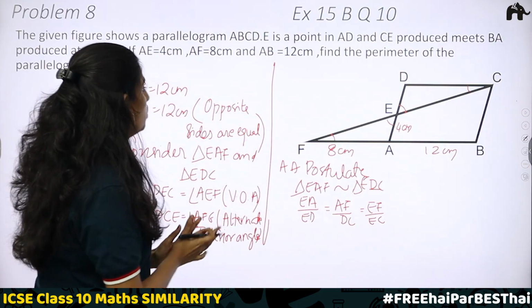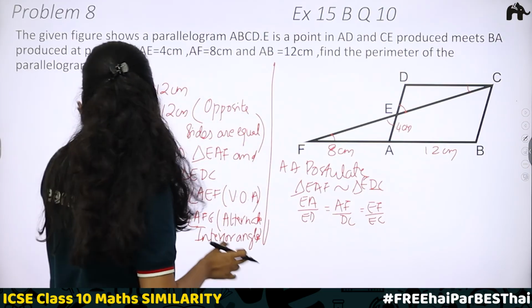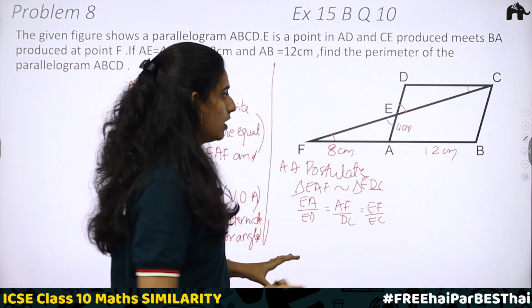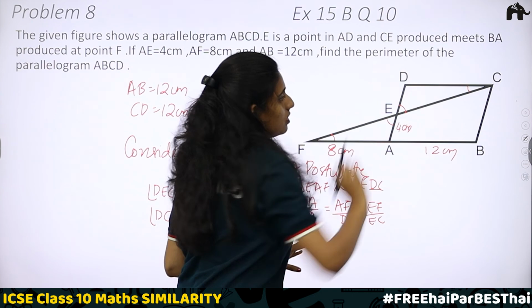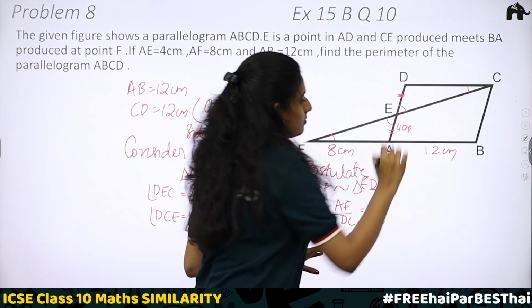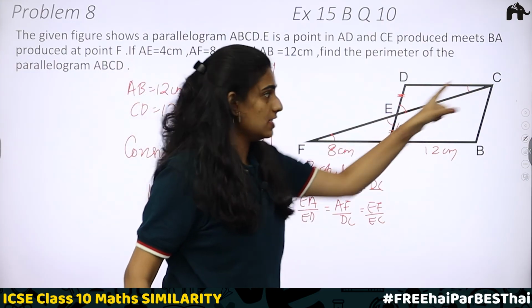Here, what do we need? We need to find the perimeter of the parallelogram ABCD. To find it, consider these two triangles. We need this length, right? Here we already know what DC is.